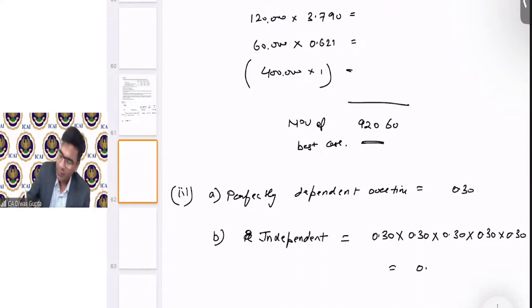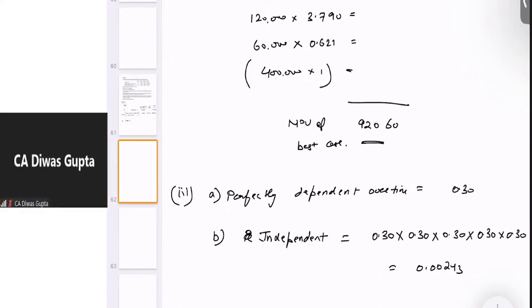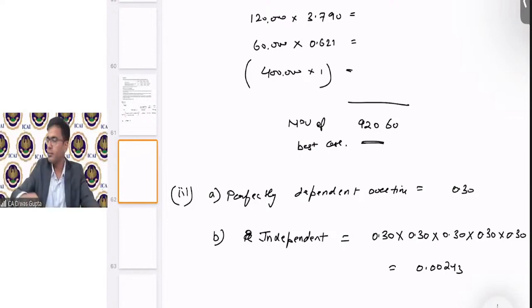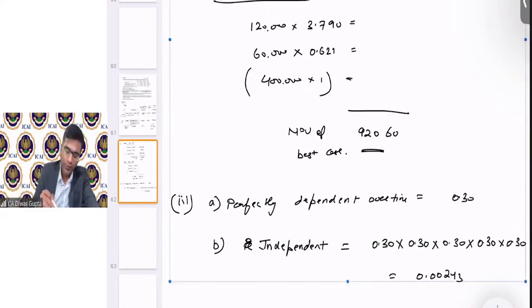So this comes as 0.00243. Okay, students, I hope the understanding of independent and dependent over time is clear to all of you.